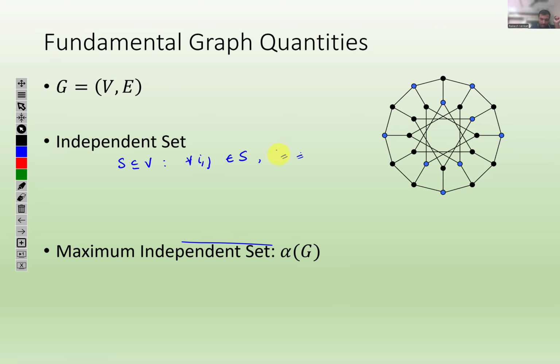In fact, let me just assume that it's a simple graph, no self loops. And this is the size of the maximum independent set. Typically, the size of the maximum independent set, I'm going to denote throughout this series of lectures by alpha of G. This is standard notation.